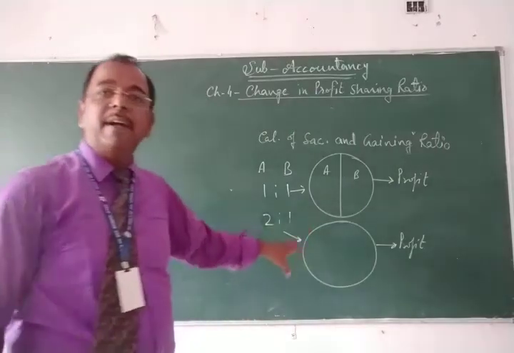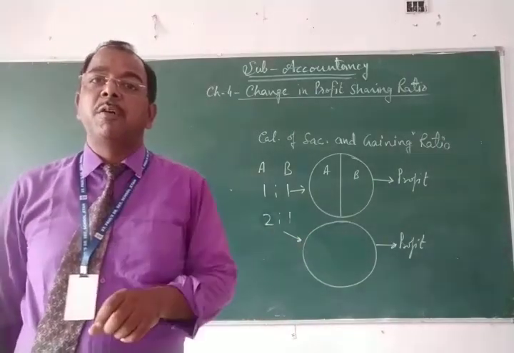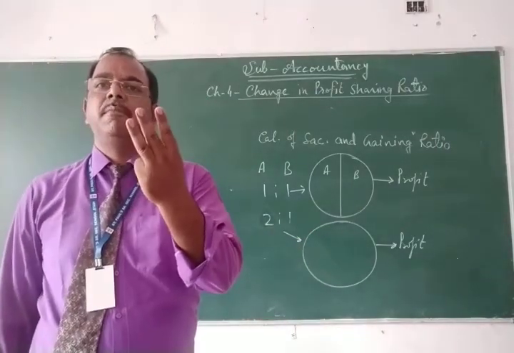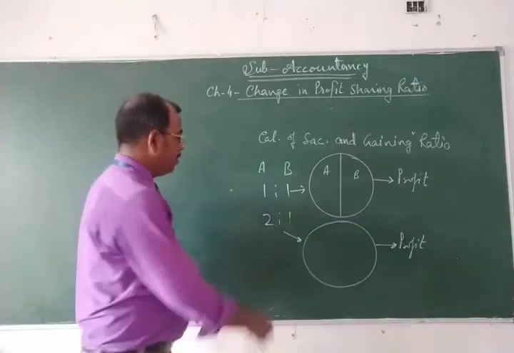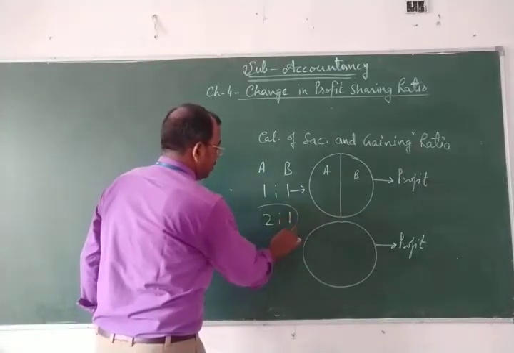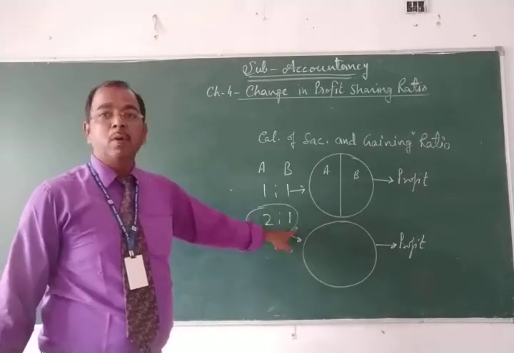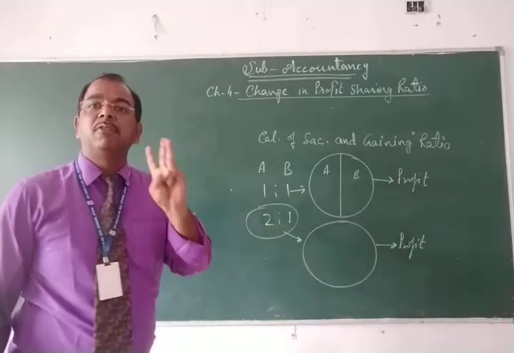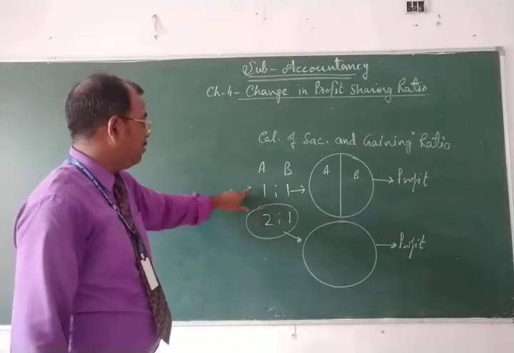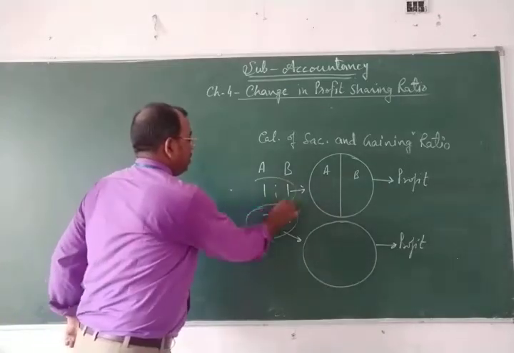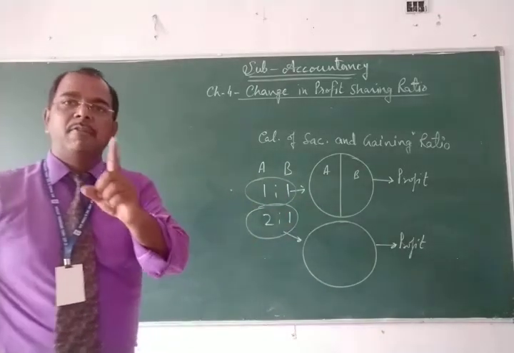Now they have divided this single unit of profit in 3 parts, because what ratio is there? 2 and 1. The sum of these two is 3, and earlier 1 is to 1, the sum of these two is 2.